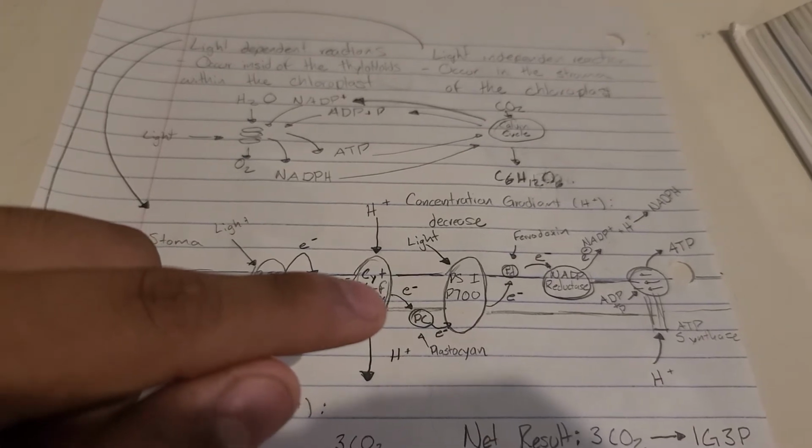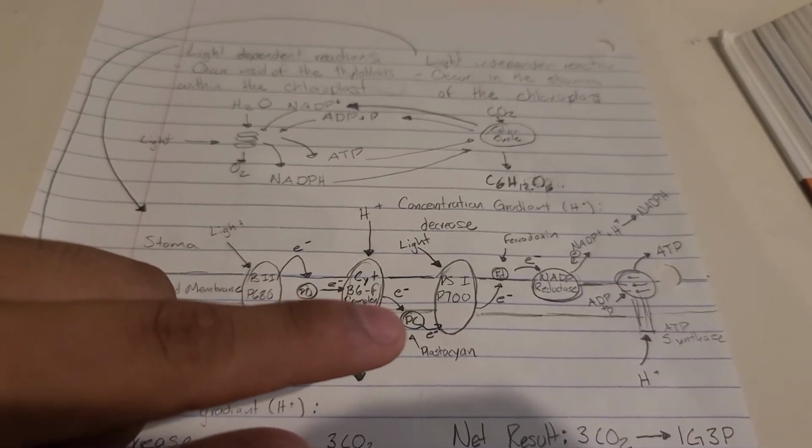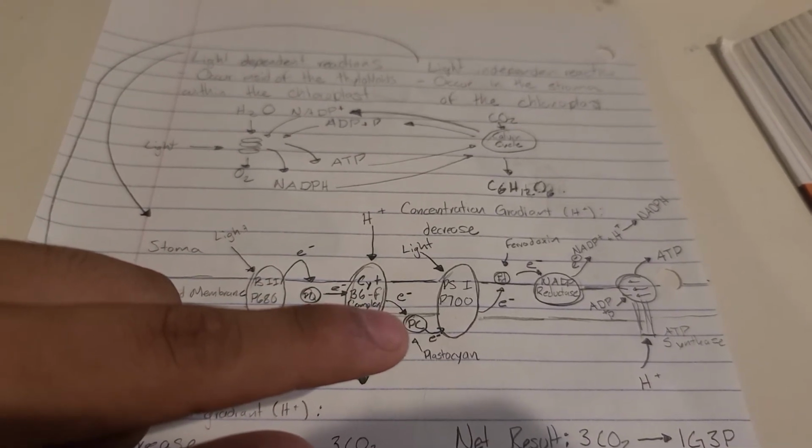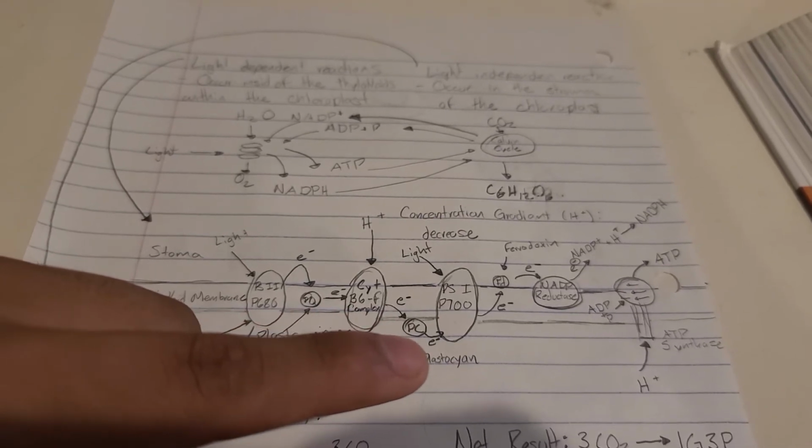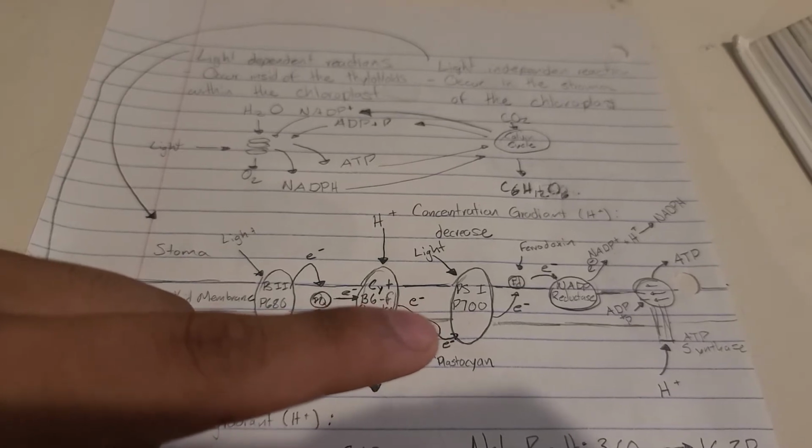The electrons then flow down to the plastocyanin, which sends them to photosystem 1.